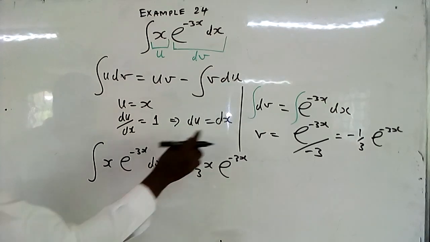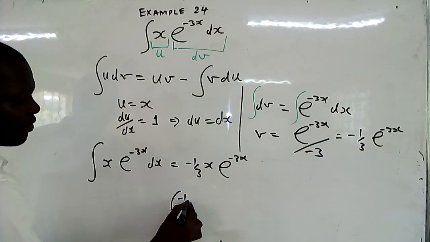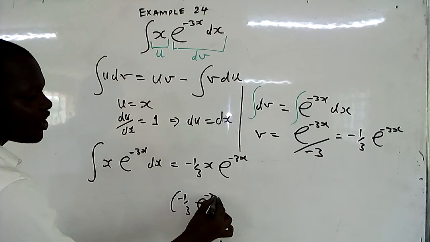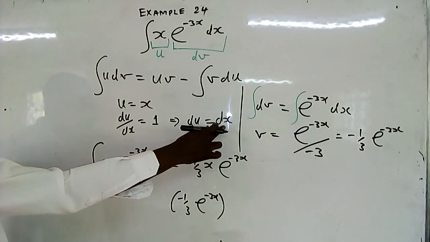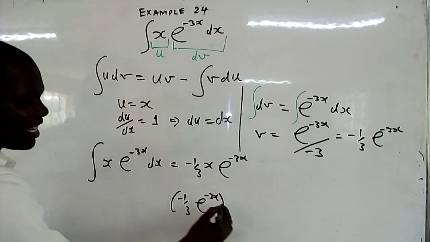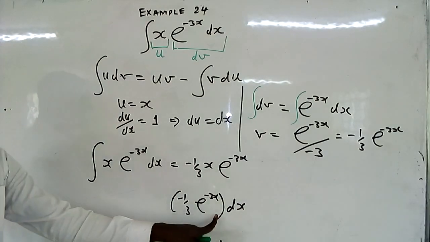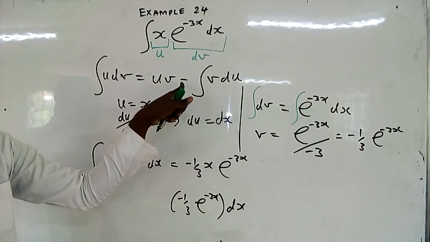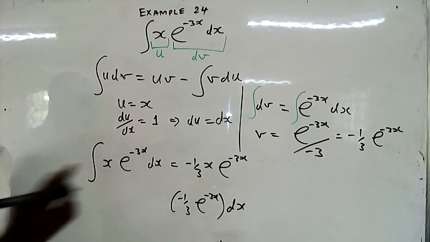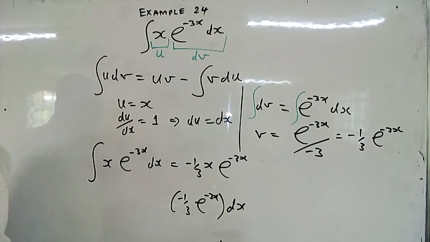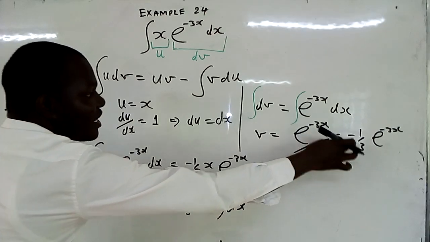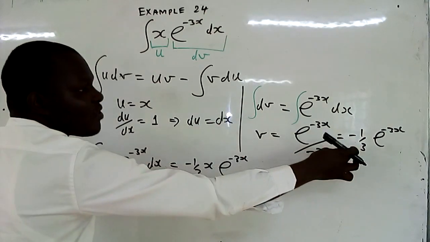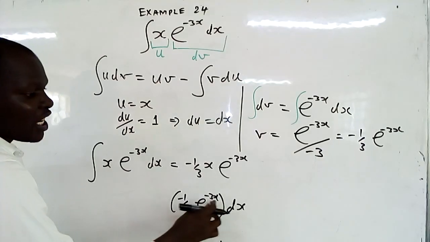So can you start? What is v du? v is negative a third exponential negative 3x, that is v. Then du is dx. Meaning v du is negative 1 over 3 exponential negative 3x dx.